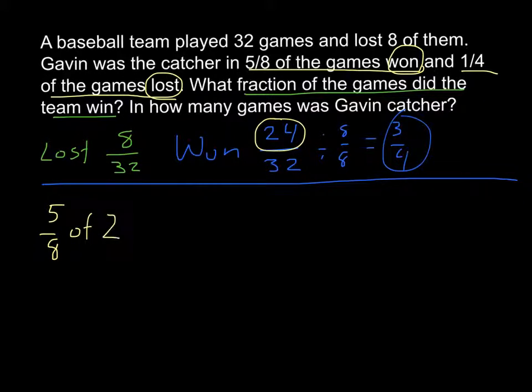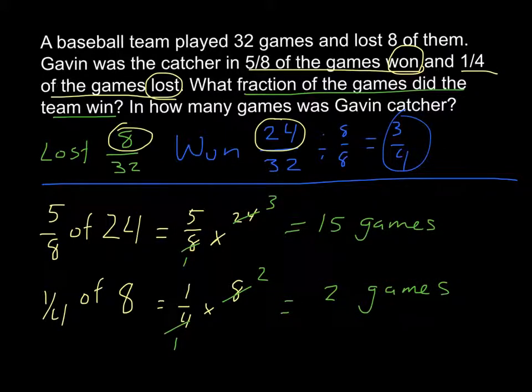So I'm looking for 5/8 of 24, and 1/4 of the games that were lost. And we know that they lost 8 games. So I'm looking for 1/4 of 8. And then we can solve it.